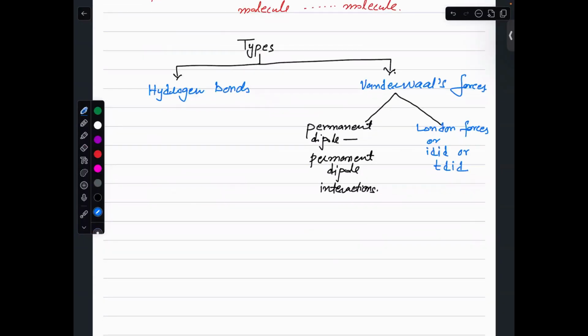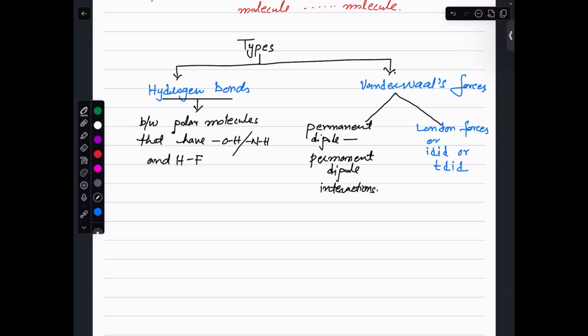In which molecules are there hydrogen bonds? Hydrogen bonds are present between polar molecules that have OH, NH, and HF. You know why?